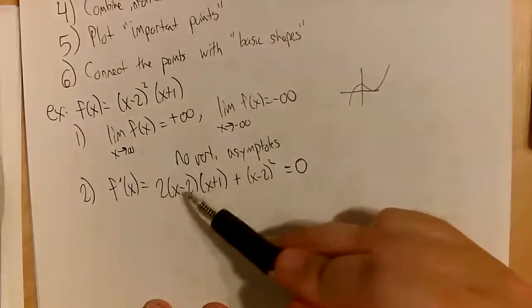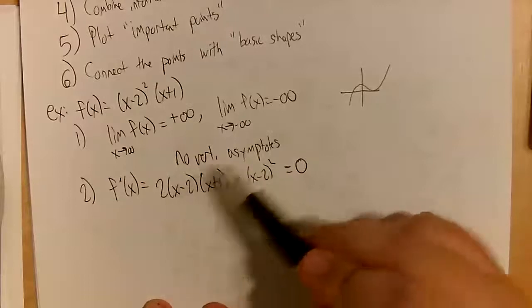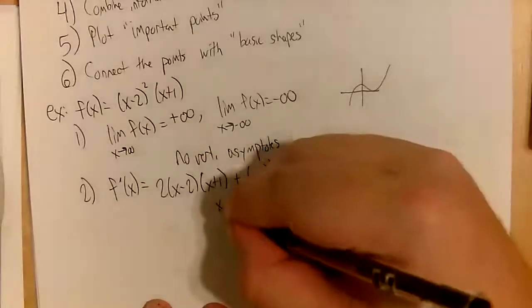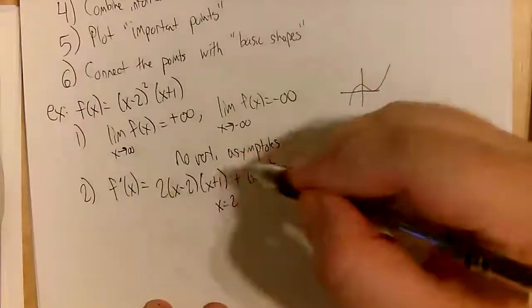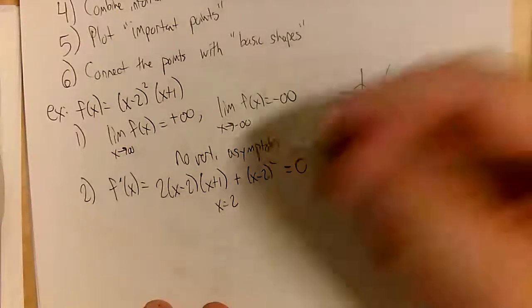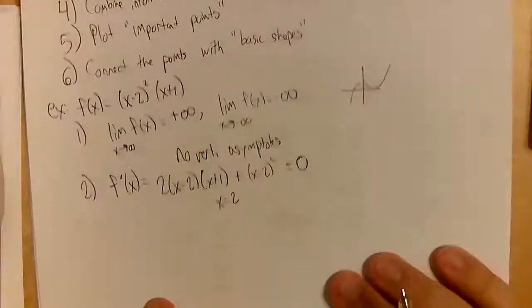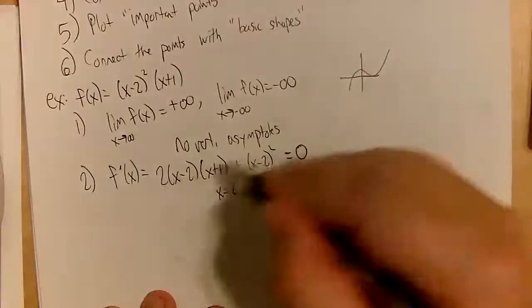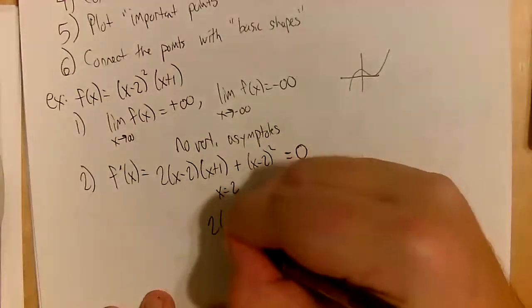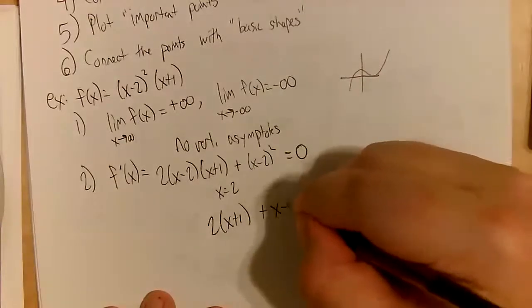Now, one place where we can see some zeros right away is this x minus 2. If we were to plug in x equals 2 in for both of these places, we would get 0 for both of these, which would yield 0. So x equals 2 is going to be a critical point. All right, now I'm going to divide away both sides by x minus 2. So I have 2 times x plus 1 plus x minus 2.